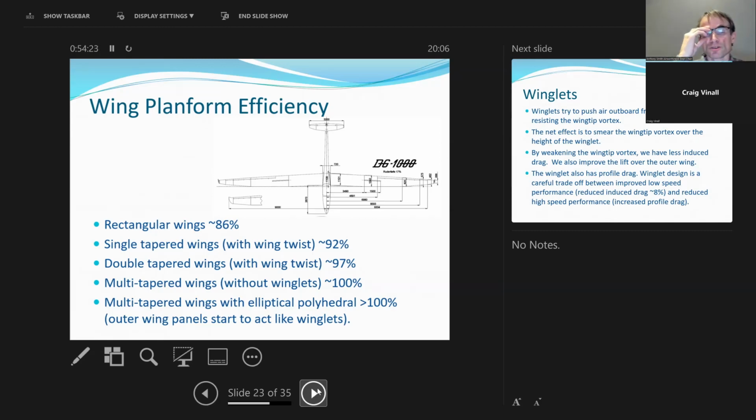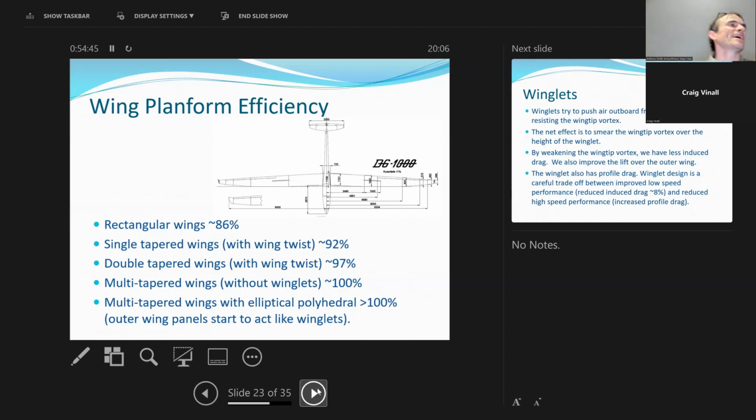So where you get these modern sailplanes with multi-tapered wings and you see the dihedral being fed in elliptically, increasing with span so you get a bit of a curve on it, you can actually get better than 100% efficiency in that drag equation. It's because the drag equation has been simplified.